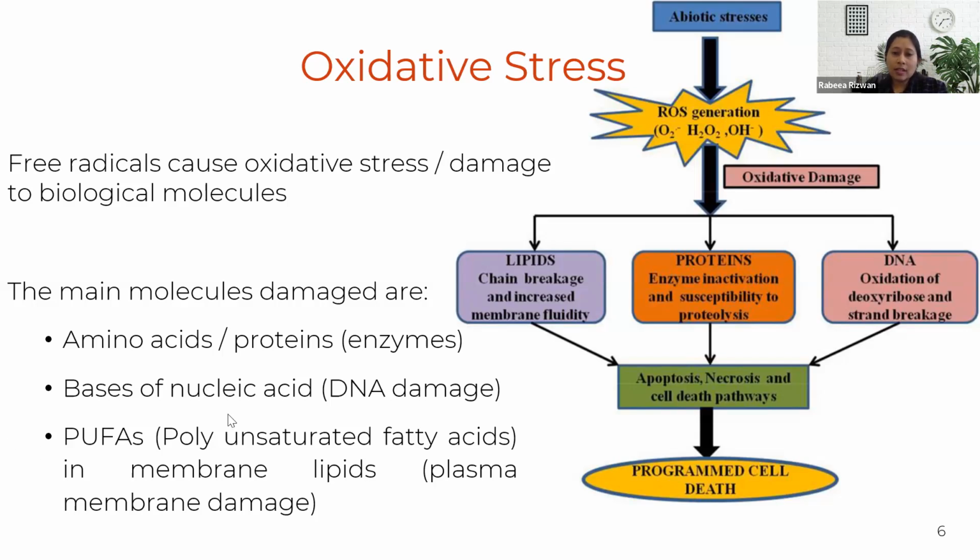Then the nucleic acid, for example DNA. In our DNA we have genes, genetic material that contains the information about our health, aging, and all these things. When they are damaged, that particular gene will be affected, and that person may then be affected by a genetic disease, digestion problem, cancer, or increased aging.